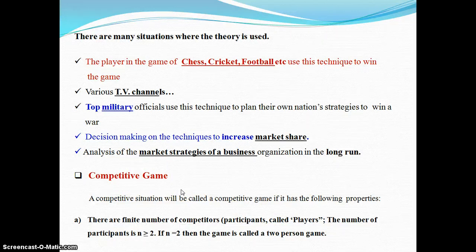So after that we come to the competitive game. The competitive situation will be called a competitive game if it has the following properties. Actually, there are 6 properties. First property is there are finite number of competitors or participants called players. What is player? There are finite number of competitors called players.